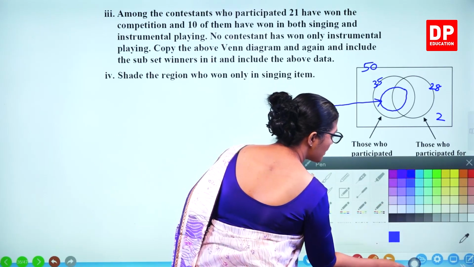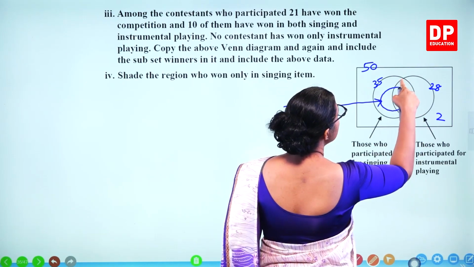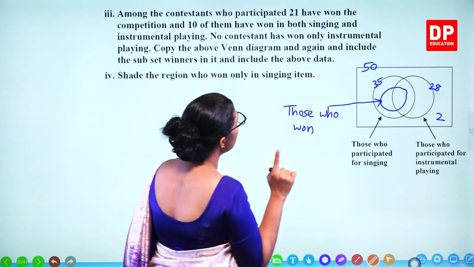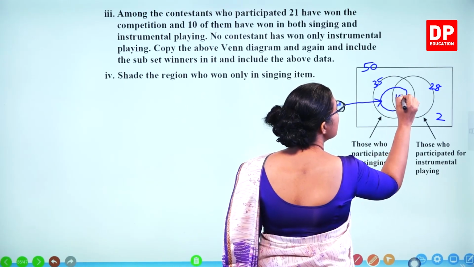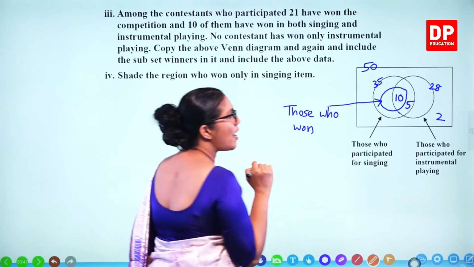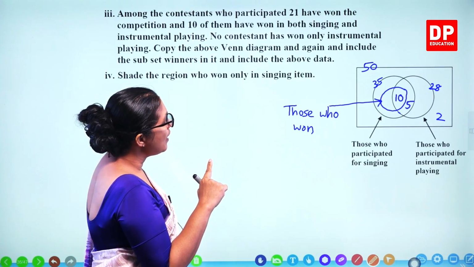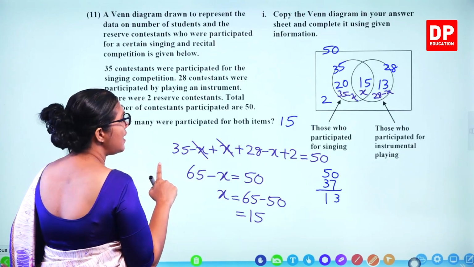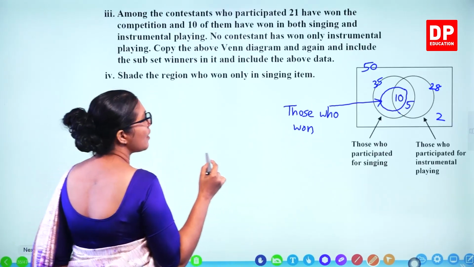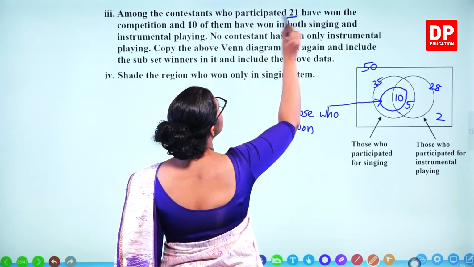Now we can put the values. What are the values there? We know that this is 2 and this is 15, but it says 10 of them have won both singing and instrumental playing, so that means this is 10. The whole thing is 15 as we found before, so this part should be 5. Then what about the other side? This side is 20. But now, how many won? 21.